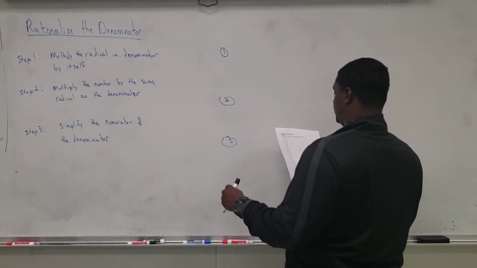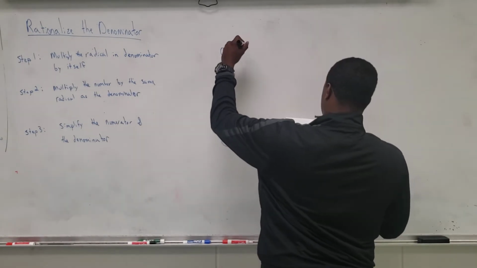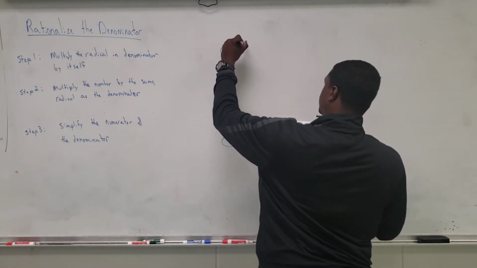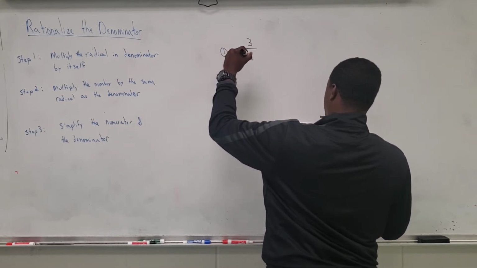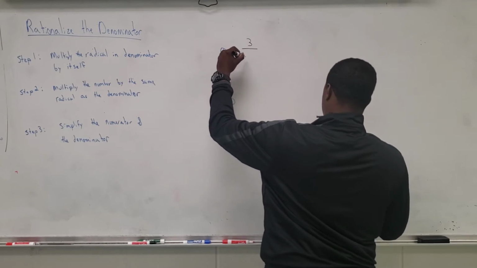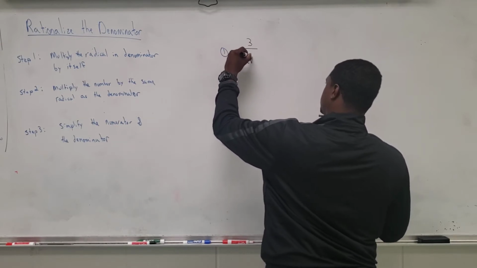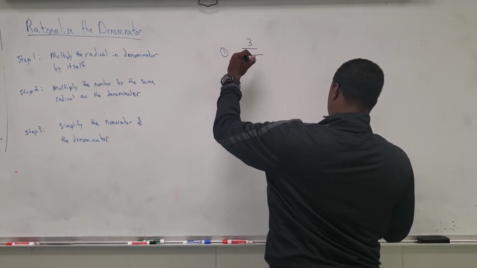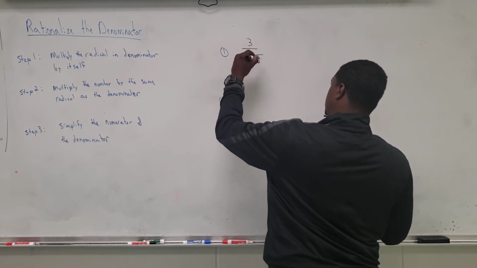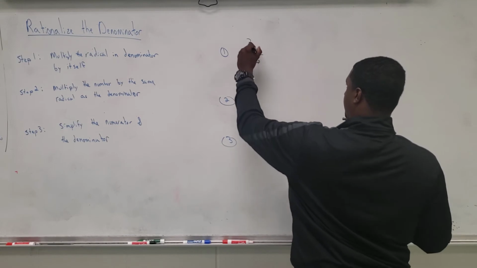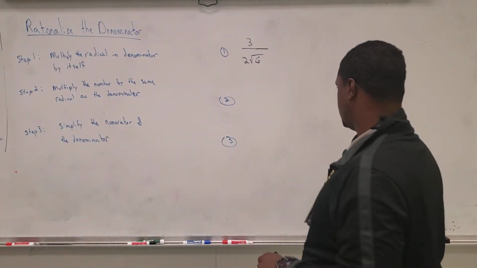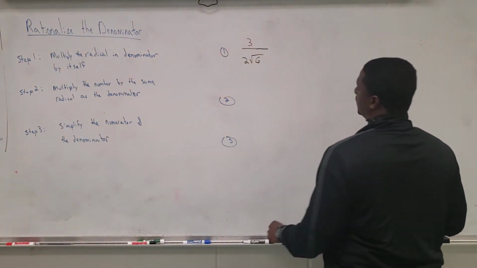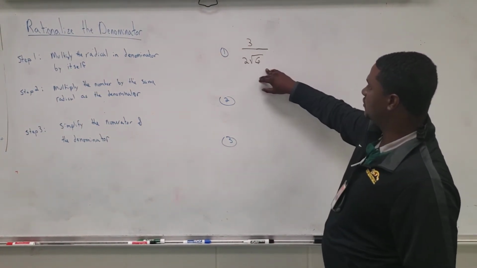I'll do 153. I have 3 times 2 square root of 6, right? Now, you have an option here.